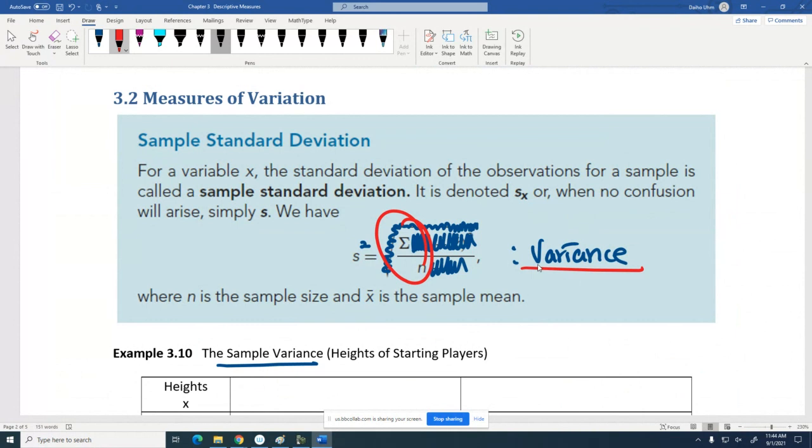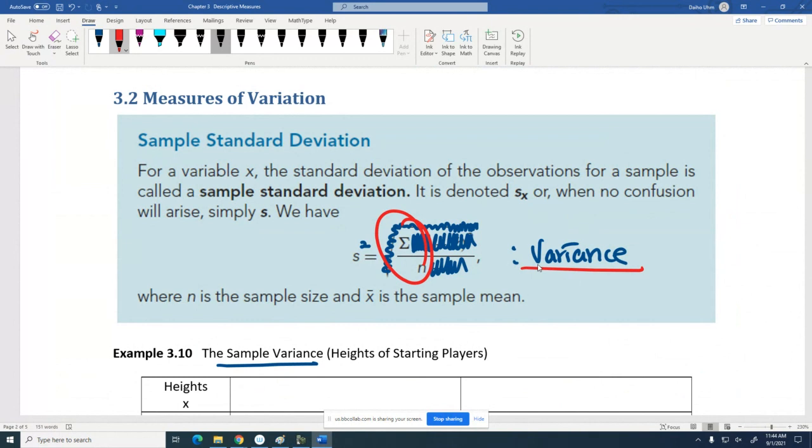What was it? The average, the sample mean. But now, what is it? The variance. The variance is an average of what?